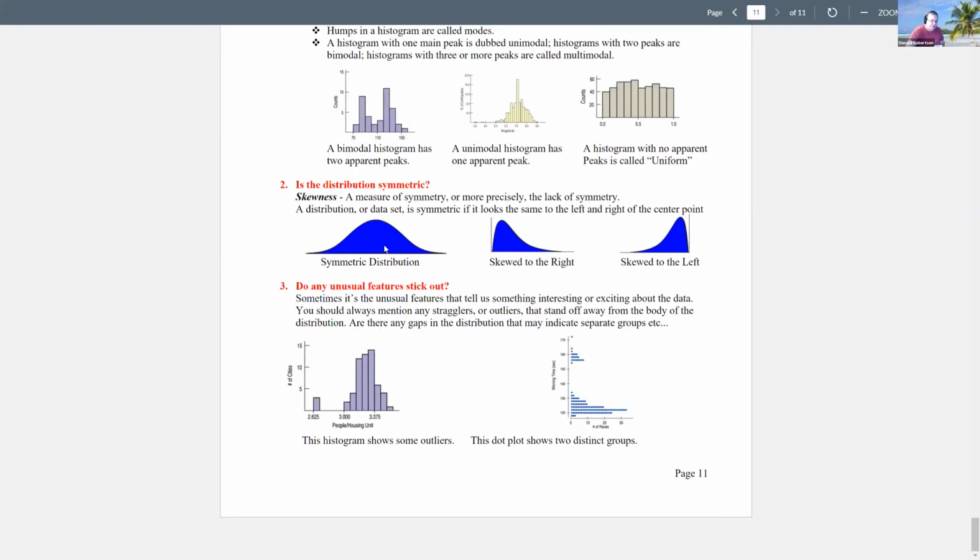Now, symmetric, skewed right, skewed left. Let's look at this data here. See this one here? I would start by saying this is unimodal. There is one hill. Would you agree that that's a significant gap to this data?